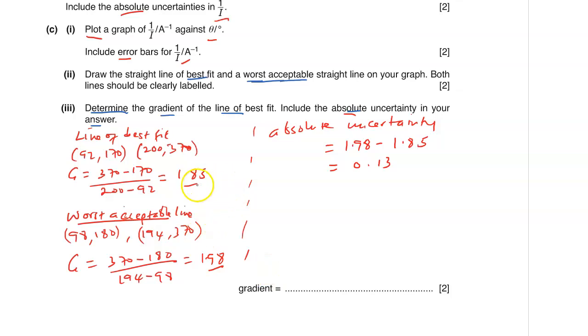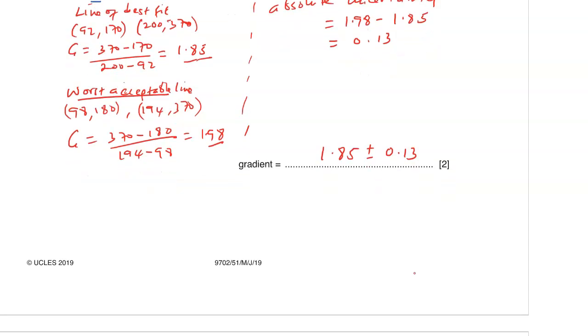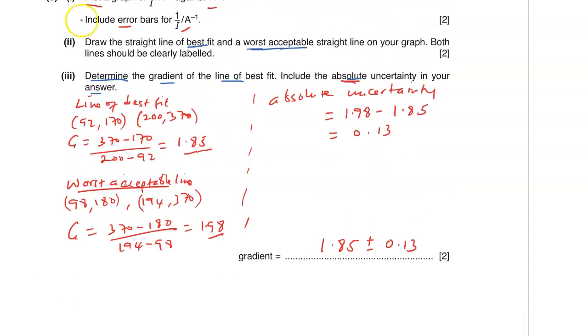Therefore my gradient with uncertainty is 1.85 plus or minus 0.13. There you are. That's how you get the gradient and the absolute uncertainty.